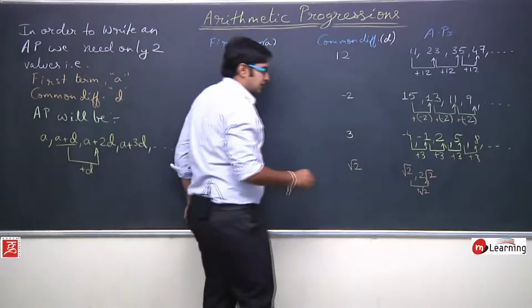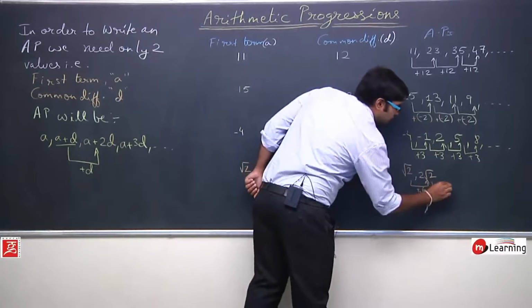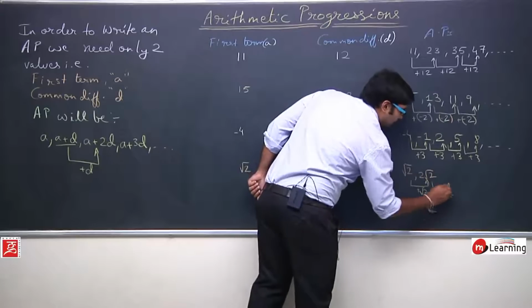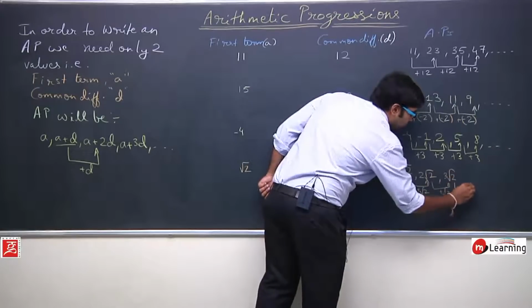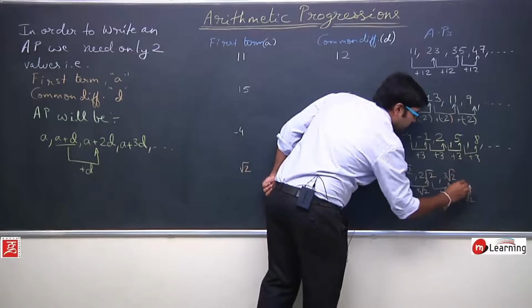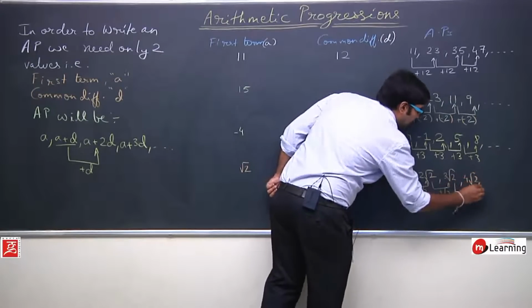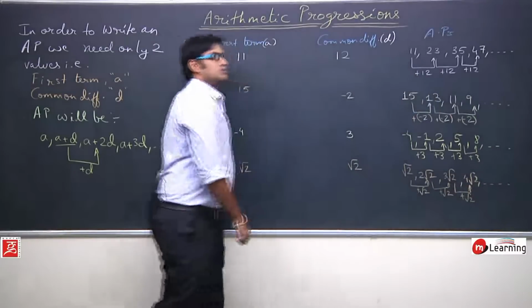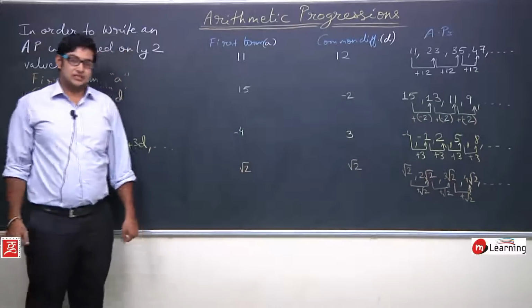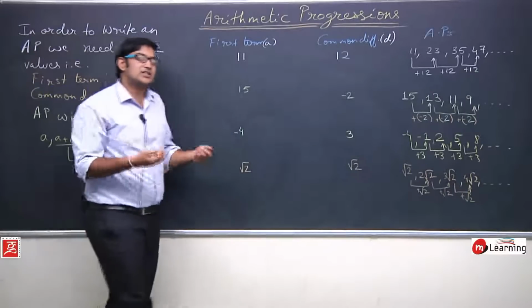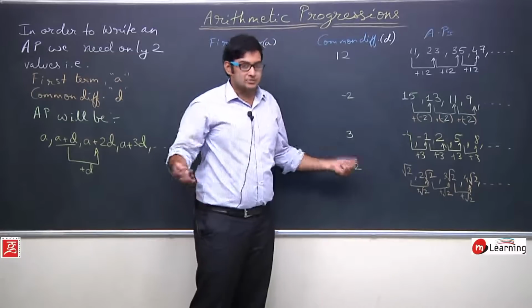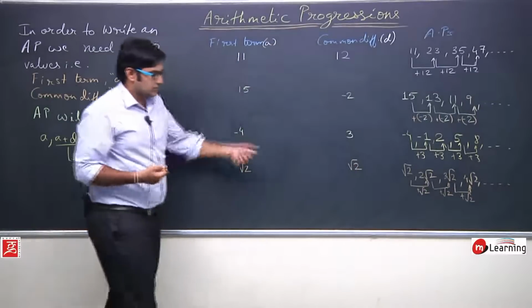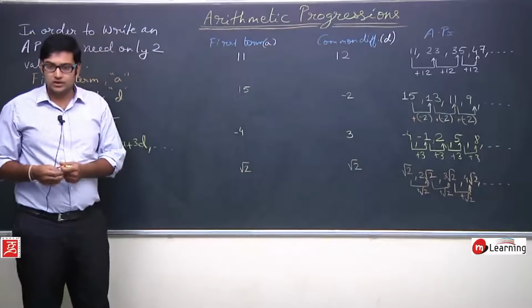Then again you will add root 2 and you will get 3 root 2. Then again you will add root 2, you will get 4 root 2 and so on. So what kind of AP is this? This arithmetic progression is also increasing. Why? Because this common difference is positive. Okay. So this is an arithmetic progression.